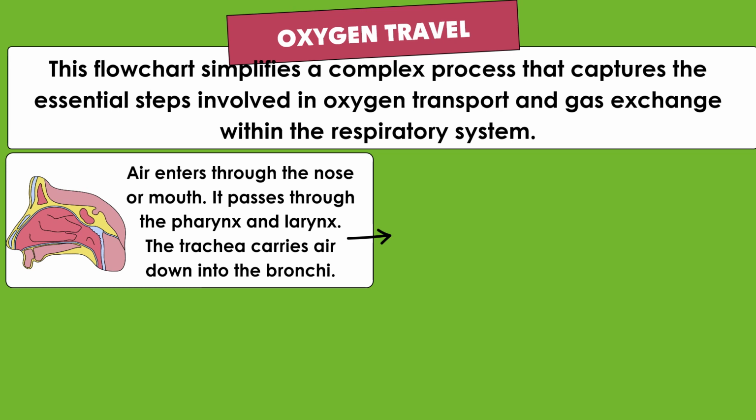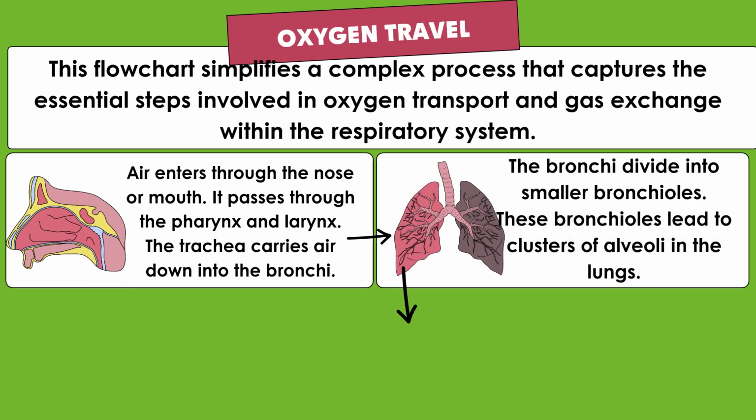It passes through the pharynx and larynx. The trachea carries air down into the bronchi. The bronchi divide into smaller bronchioles. These bronchioles lead to clusters of alveoli in the lungs.